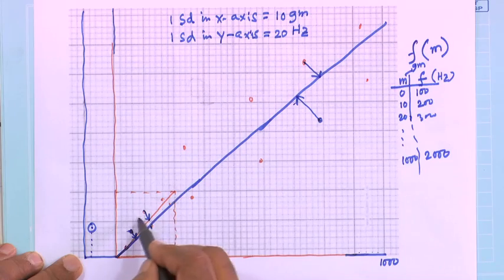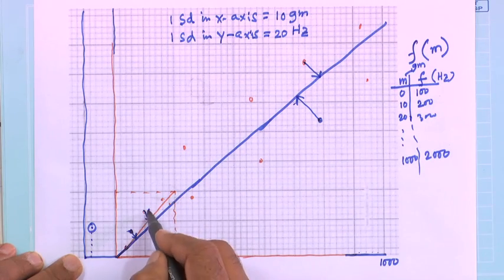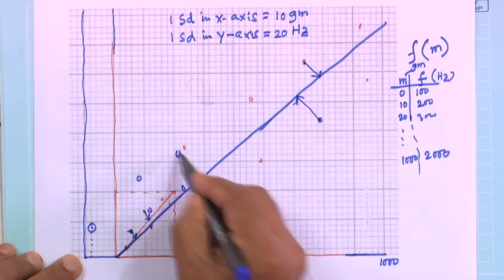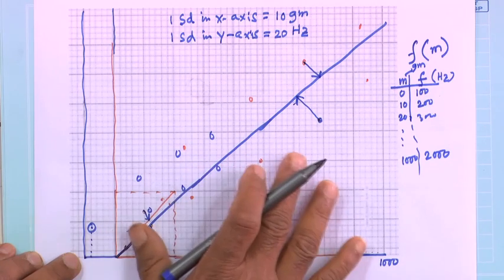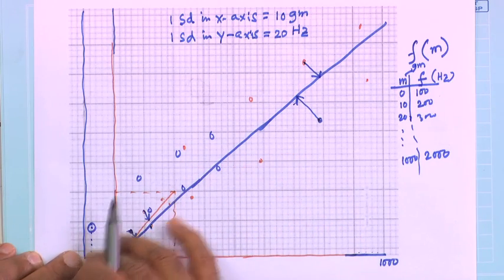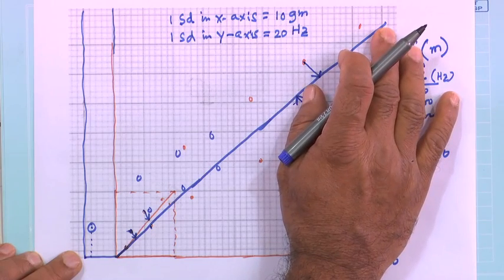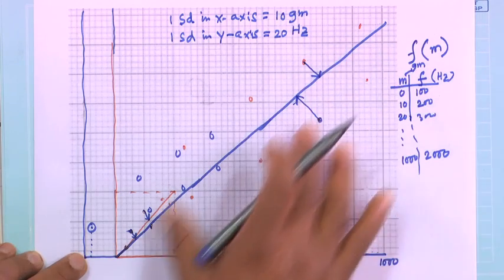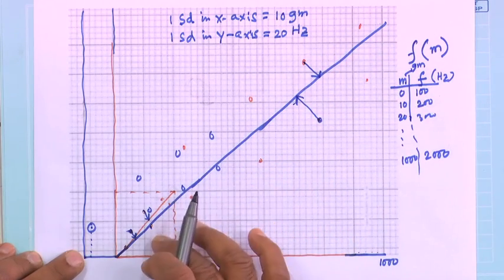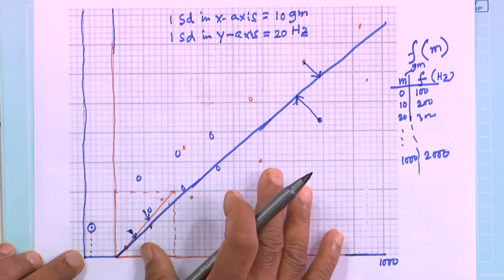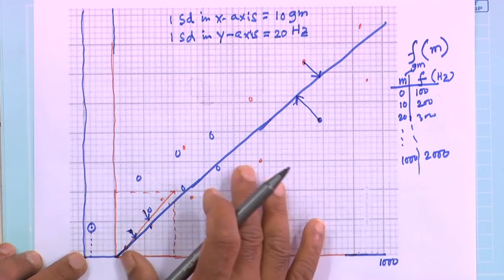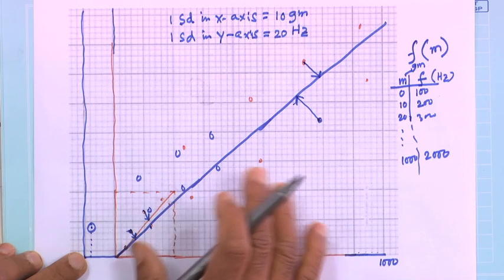Same way you plot other data. Then after plotting, you have to draw an average curve. Here I have drawn just one line, but it can be a curve also; it may not be linear, it may be a non-linear curve.